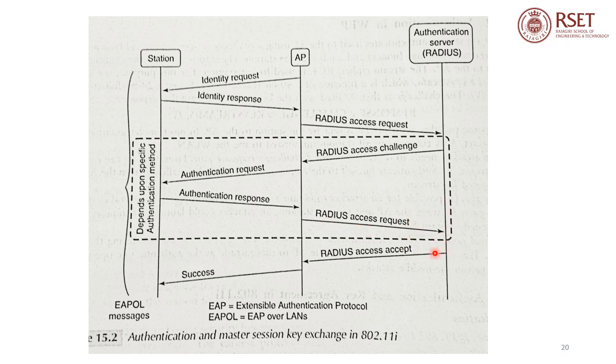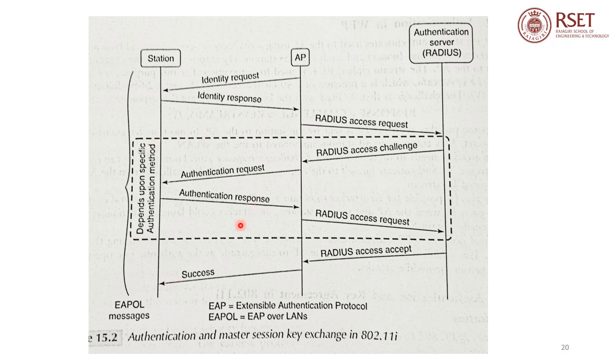If the authentication server is satisfied with the proof and the ID that has been submitted initially, then the RADIUS server will allow the connection to proceed, and it will respond back to the AP saying that it has accepted the ID and the proof of ID, and then the AP will communicate back to the station saying that the authentication procedure is successful.